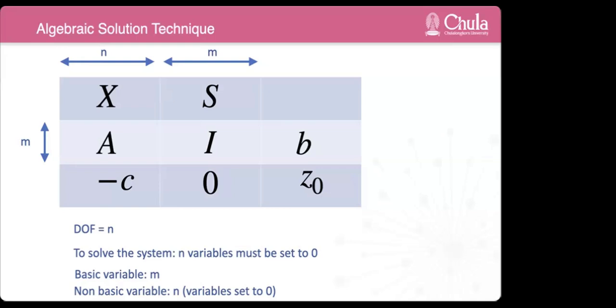And the rest, we call non-basic variables. Totally we have n non-basic variables, right? So each time we solve this problem, we set the non-basic variables to be 0, and we solve for the basic variables.